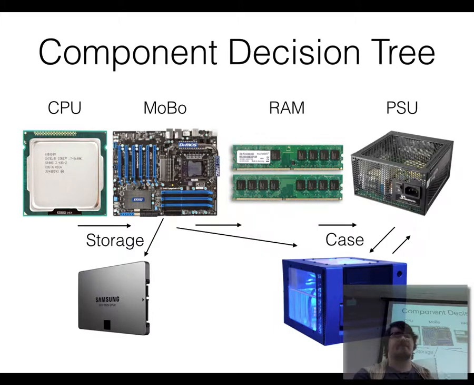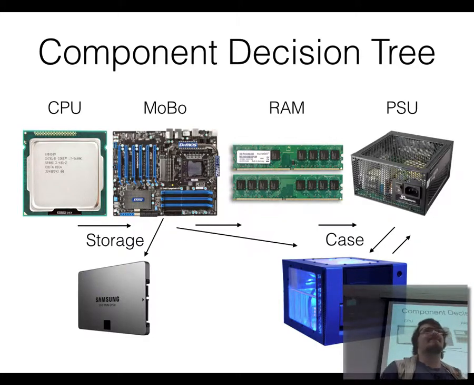You hook your CPU into there, you hook everything else onto the motherboard, and it interacts with the CPU, allowing you to see things on your display and all the different types like that. You've got the RAM, which essentially stores information that your computer is currently working with. And you've got the power supply, which translates AC power into DC because computers run off of DC power. You need a case if you want it to look pretty, and you need storage if you want it to run any operating system.